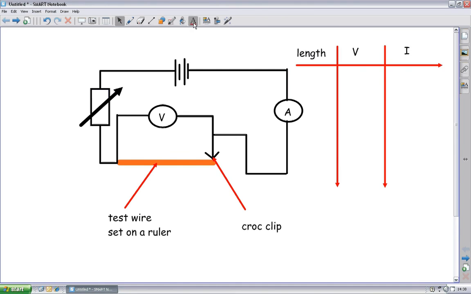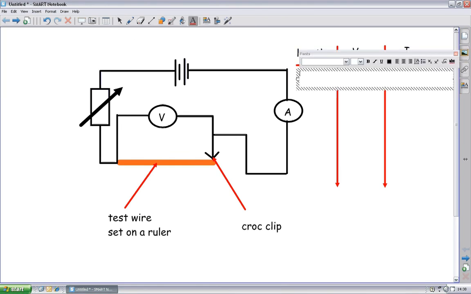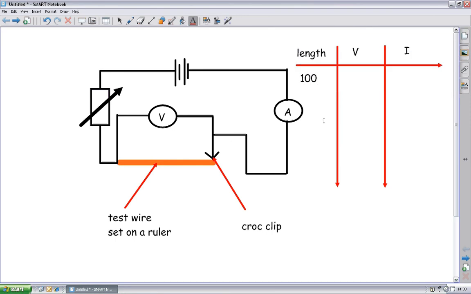If I start off with a length of 100 centimeters, and of course I would have centimeters as my unit in my title, then I'd take the voltage, say 4 volts, and oh dear, do not put units into tables. They should be at the top. And my current, let's say it's a nice safe 0.25 amps.